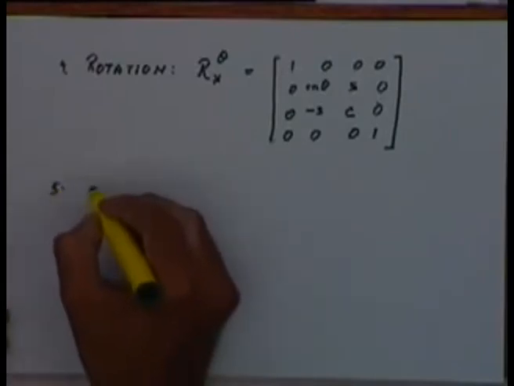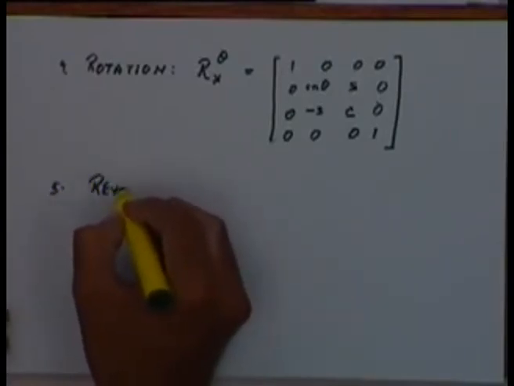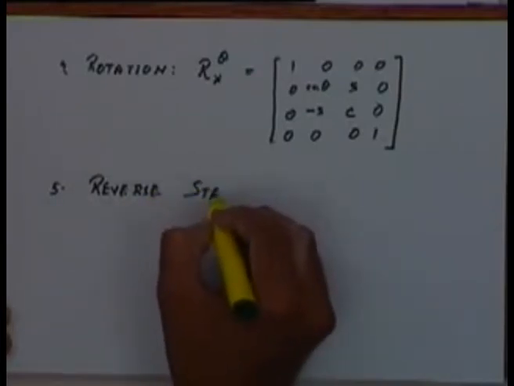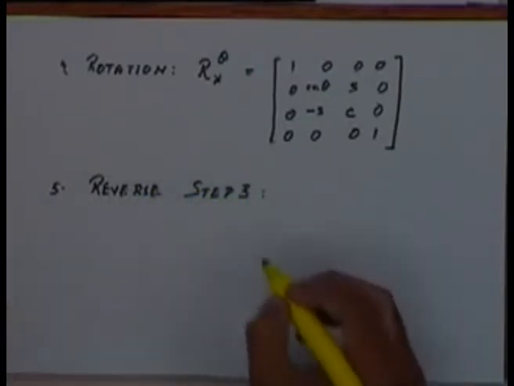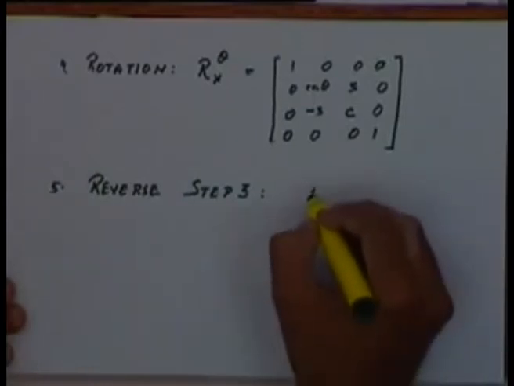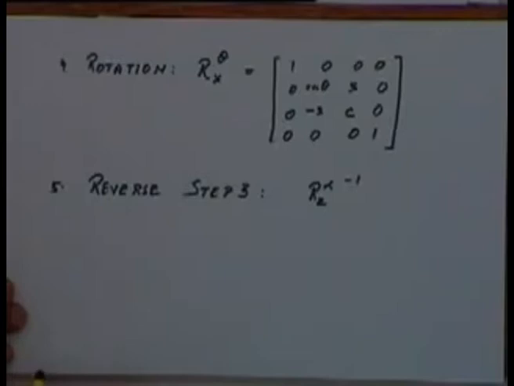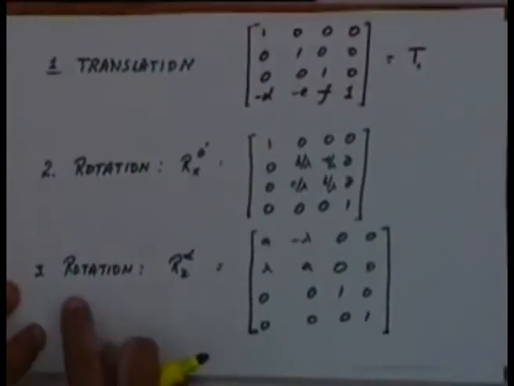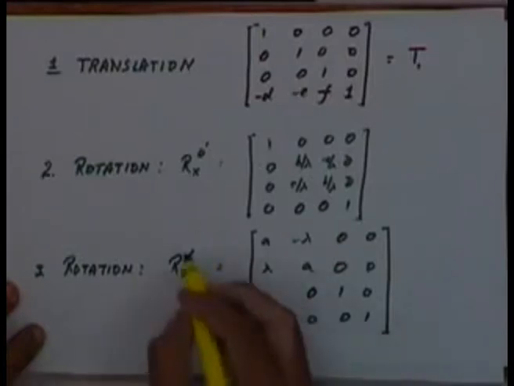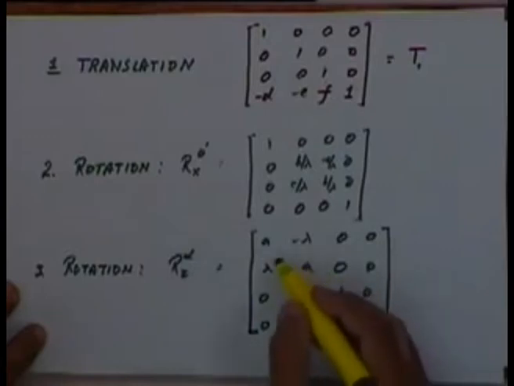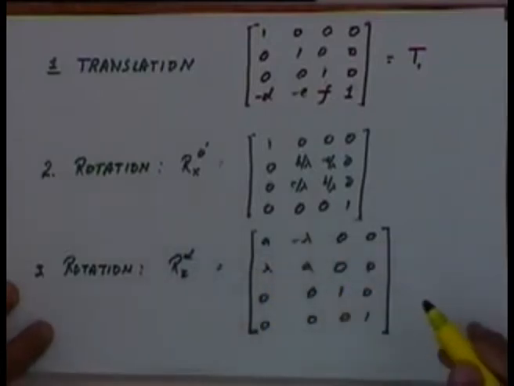Step 5 would be reverse of step 3, which will be RZ alpha inverse. Step 3 was this rotation, the reverse of this will be the inverse of this, and that will be obtained just by a minus lambda here and a plus lambda here.